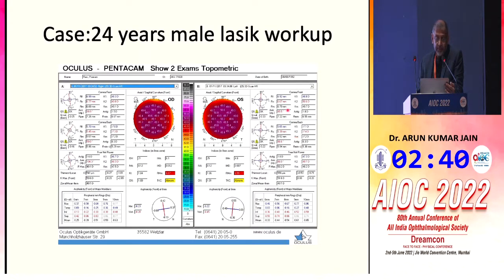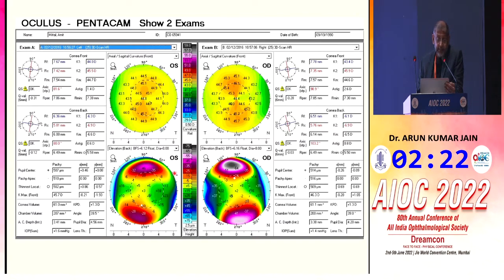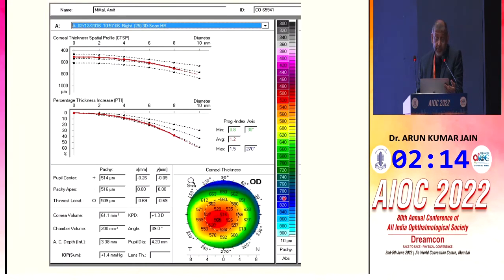This is a representative case which has a very high K reading, more than 47, and as you can see, the Pentacam itself says it is abnormal, this is not within the normal range, and even one of the indices is shown in red, and you can see the pachymetry is thinner, but there is no asymmetrical bow tie, there is no elevation on anterior and posterior map.